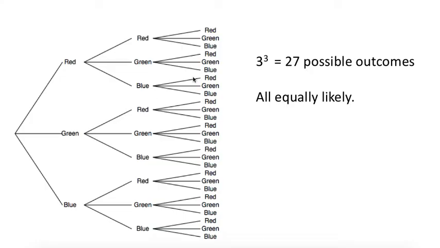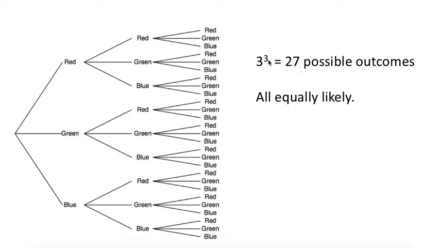Well, because there are the same number of tokens of each color in there, and because I replace it every time, there's going to be 27 equally likely outcomes. 27 because there's 3 possible results, and you do the trial 3 times.